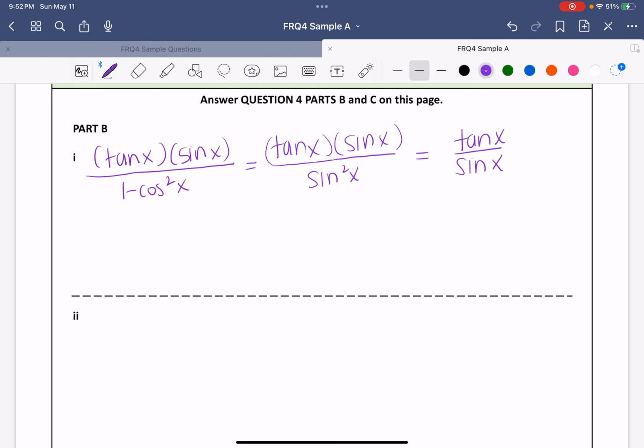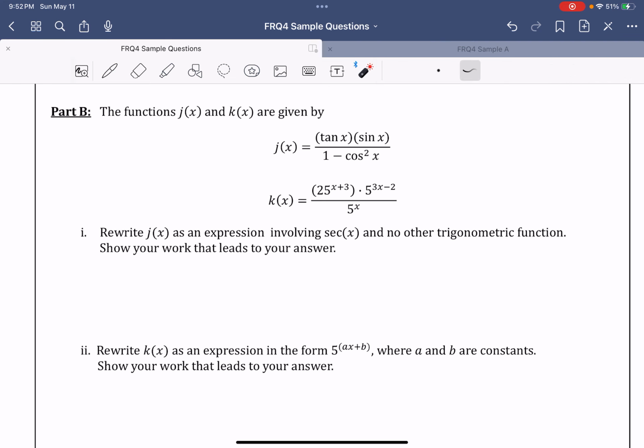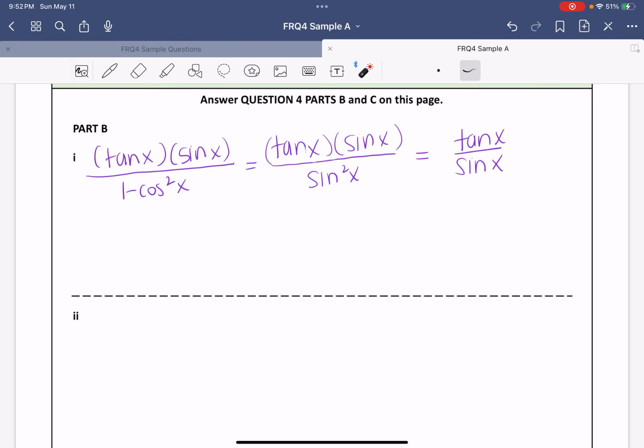Okay, but what did they ask us to get to? They want us to get to secant. So that means that we're not done yet. Whenever you're stuck and you don't know what to do, change everything to sine and cosine. So tangent, I know that I can change it to sine and cosine. So tangent is sine divided by cosine. I'm going to put my equal sign over here.